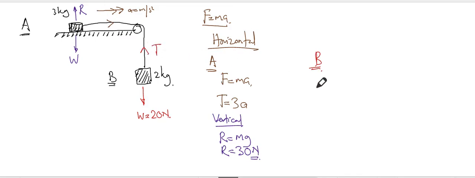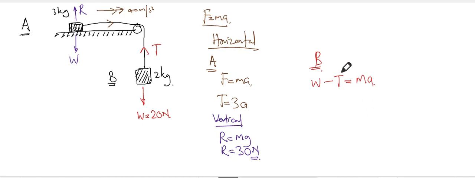So T, and since the motion is this way, this block at B, which is 2 kg, is going to pull the entire system down, so it will go down together. When the entire block goes down, the weight minus the tension will give you ma, the motion.